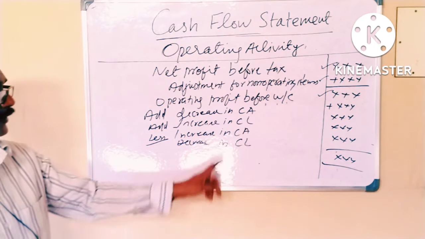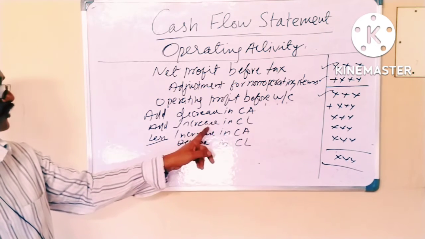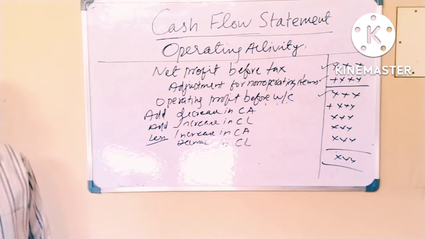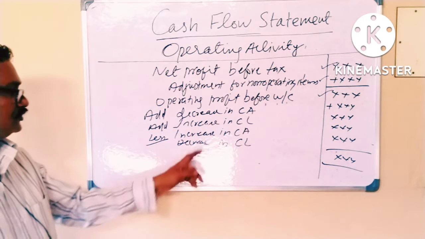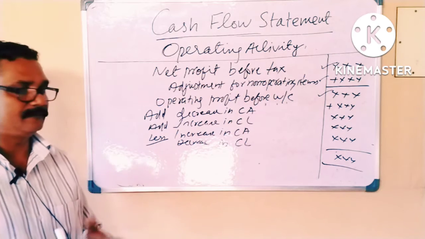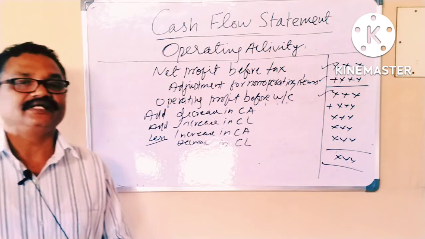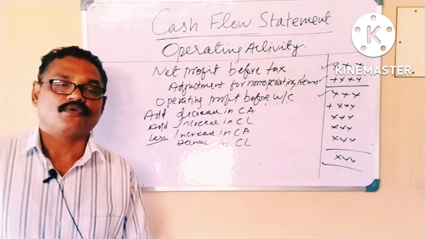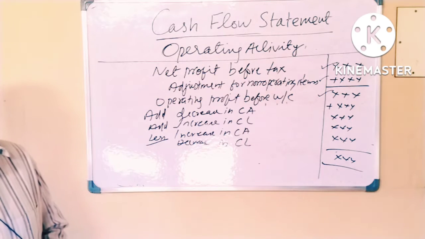When current asset value decreases, it should be added. When current asset value increases, it should be deducted. Increase in current liability should be added. These are the items to be adjusted in case of cash flow from operating activities.